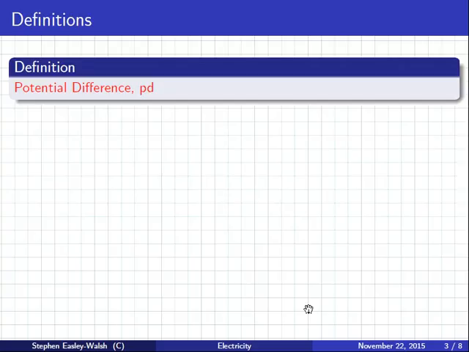So, potential difference, PD. Really, it's just another name for voltage. It's a more appropriate modern name for it. So, please note potential difference, meaning voltage. Okay, you know this word potential difference?